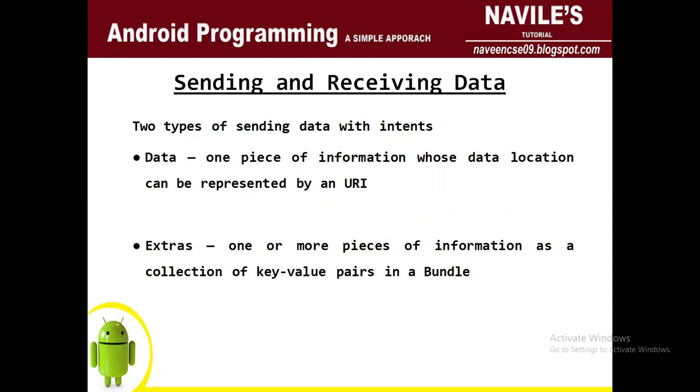In other words, if you have a URL which needs to be passed, you will pass it in the form of data. Whereas extras are one or more pieces of information as a collection of key value pairs in a bundle. So if you have more data which needs to be provided, these data will be sent or received in the form of key value pairs. This extra data we call a bundle, which we are going to see.